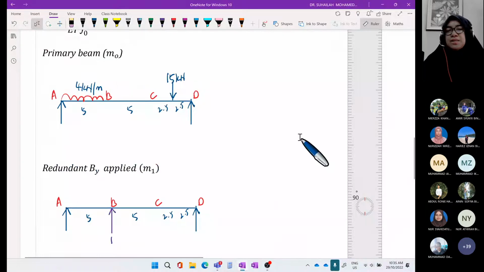Okay, what is the answer for AY and DY in the primary beam?